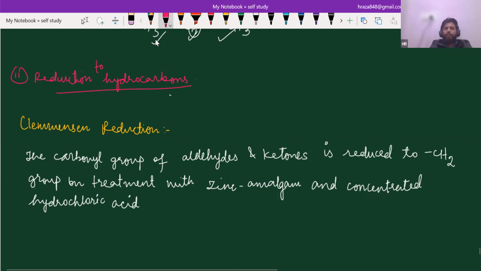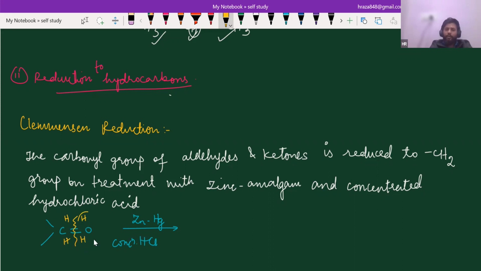So see how the reaction proceeds. It's very easy to understand. If you have an aldehyde, or it can be a ketone, and you use zinc amalgam in the presence of concentrated HCl, this HCl should be concentrated. You are going to break both bonds between carbon and oxygen, and for one bond you add hydrogen and hydrogen, and for the second bond you add hydrogen and hydrogen.